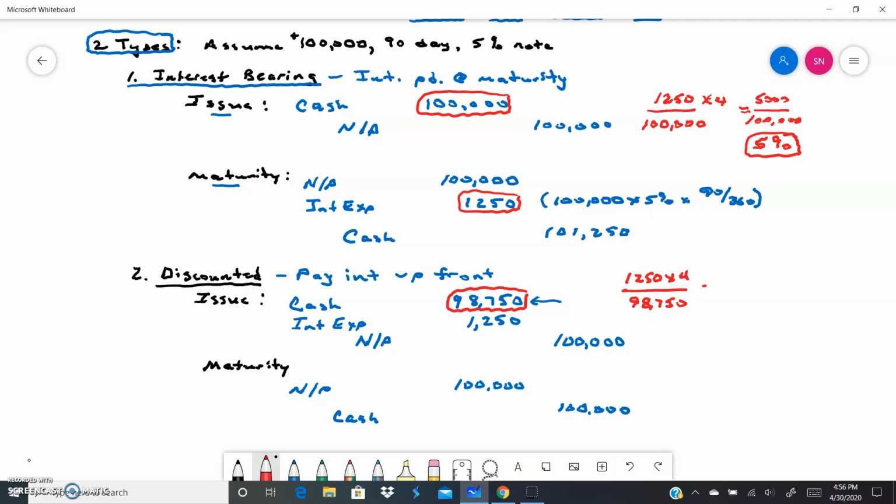So if we multiply it by 4 to get an annual amount, we would have paid on an annualized basis $5,000, but we only borrowed $98,750. So if we divide those two, we actually get 5.1%. So from a lender's point of view, this would be better. From a borrower's point of view, this would be much worse.